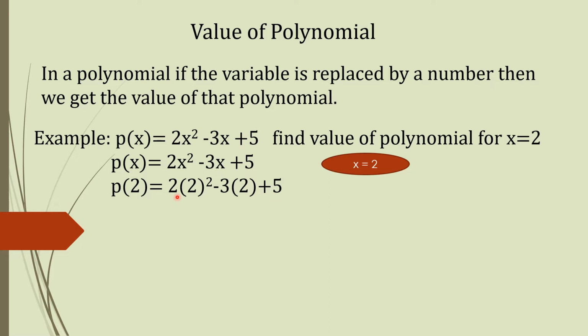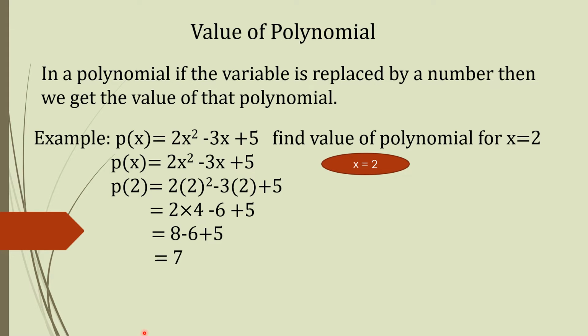So you know 2 square will be 4, minus 3 twos are 6, plus 5. So what you get? 2 into 4 minus 6 plus 5. First you'll multiply 2 into 4, that is 8 minus 6 plus 5. So you will solve 8 minus 6, that is 2, plus 5, so 7.